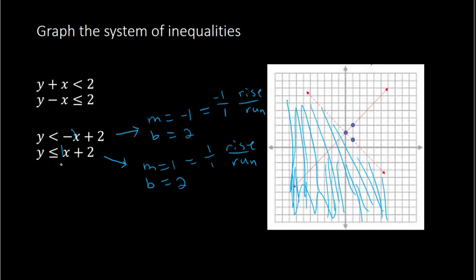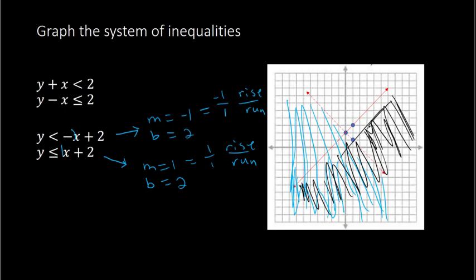It's a solid line because we have the equal to sign as part of the inequality. The shading for this one would be below that line because it is less than. So y is less than means y is smaller than this line, and y is smaller when it's below. I shade below that line, and we see everything here in black.